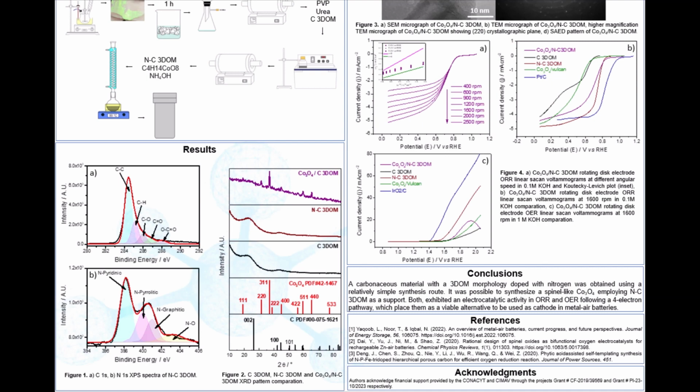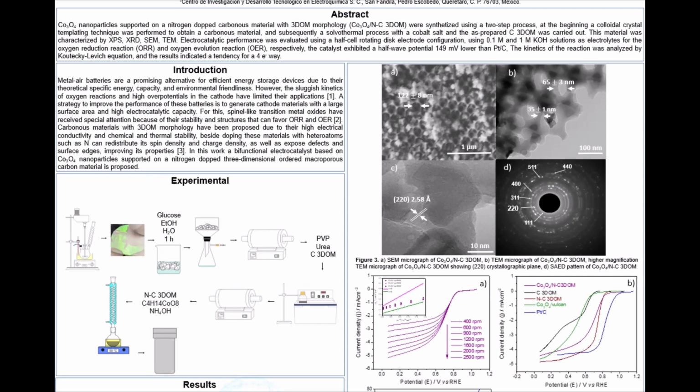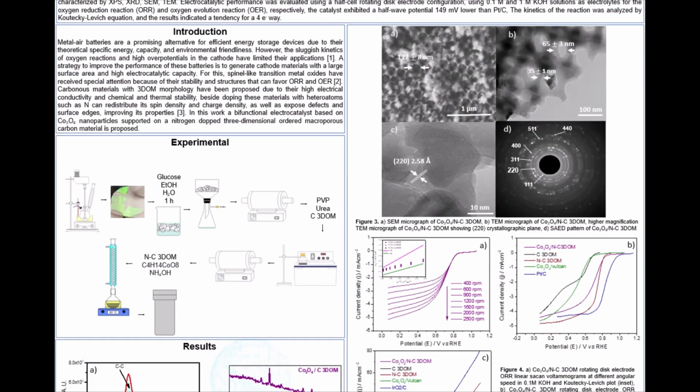Signals of a cubic spinel-like cobalt oxide can be observed. Also, this information can be confirmed by a selected area electron diffraction pattern shown in Figure 3D. Figure 3 shows as well the 3DOM morphology and the presence of the cobalt oxide nanoparticles.